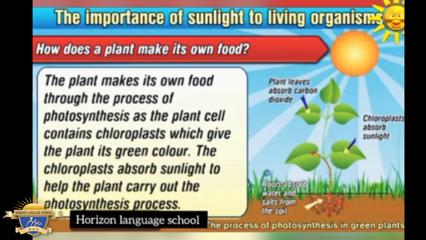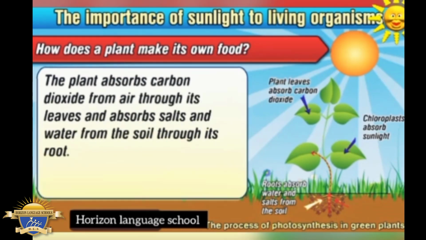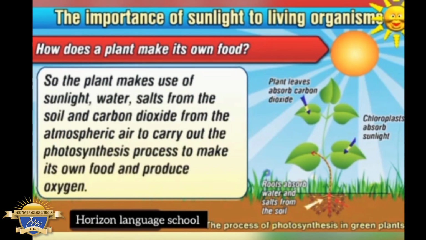The plant cell contains chloroplasts, which give the plant its green color, as you know. The chloroplasts absorb sunlight to help the plant carry out the photosynthesis process. As you see, the plant absorbs carbon dioxide from the air through its leaves, and absorbs salts and water from the soil through its roots, like you see there in the picture.